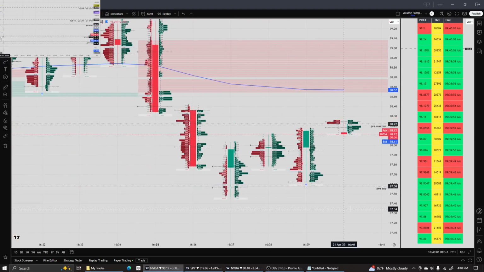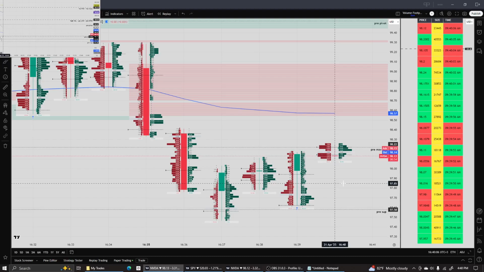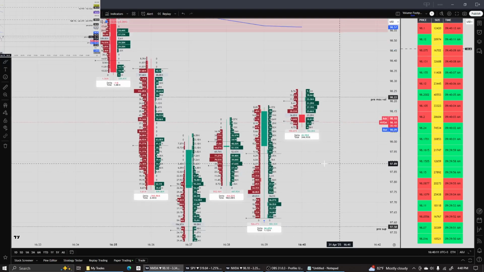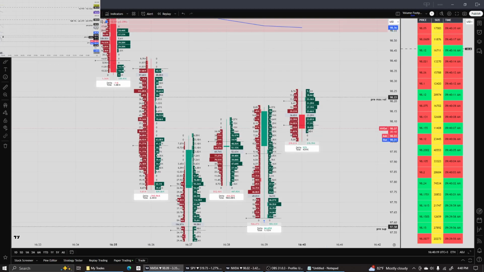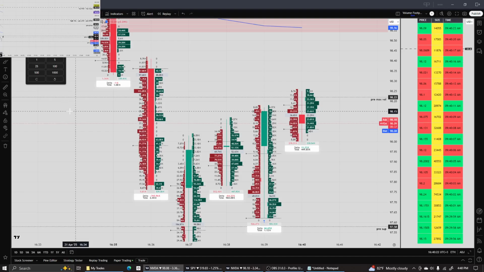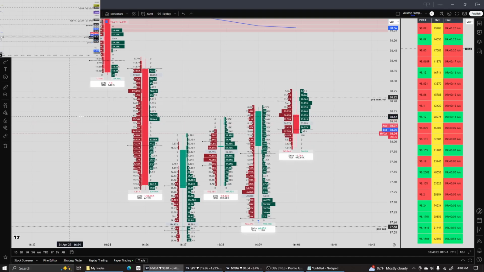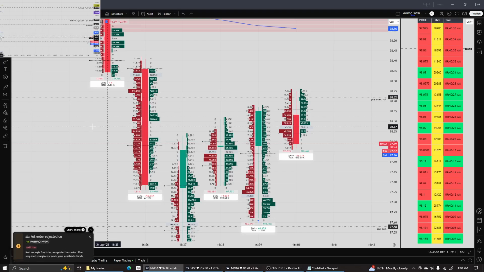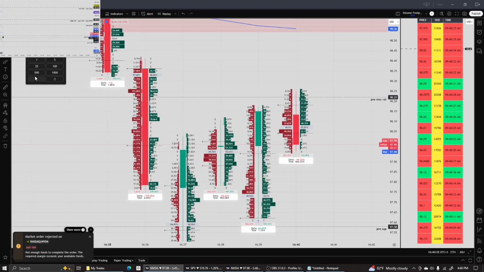I would really like a magnifier here. I missed a good entry.